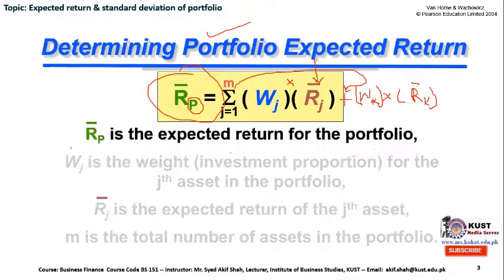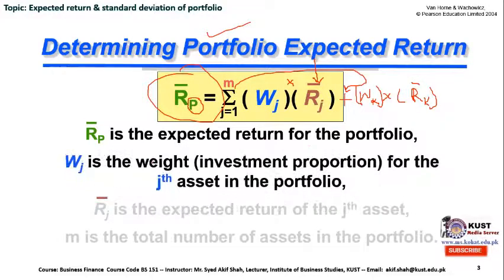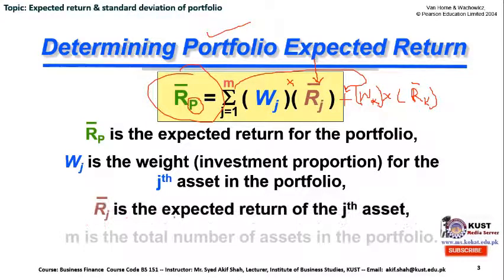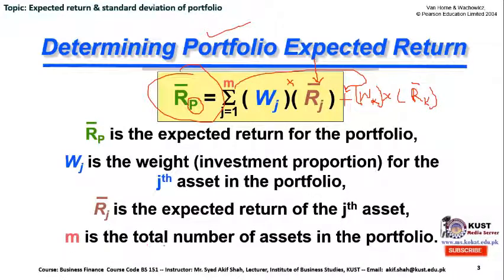Let us explain. R bar P is the expected return for the portfolio. W J is the weight of the investment proportion for the jth asset in our portfolio. Like this, J refers to company J and K refers to company K's share. R bar J is the expected return for the jth asset, and M represents the total number of assets which we have selected, two shares in our portfolio.